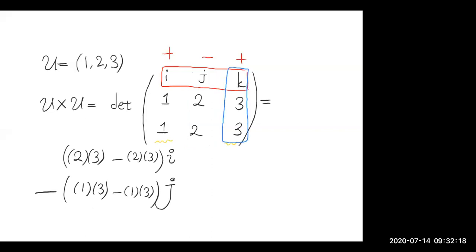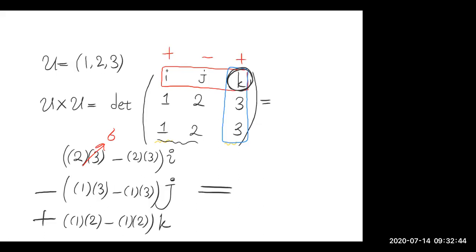And then I should choose the last column and compute the determinant of this remaining part, which would be 1 times 2 minus 1 times 2. And then I should multiply it by this element in this intersection, which is k. There's a positive sign there, with plus. But this thing, as you can see, 2 times 3 is 6, minus 2 times 3, 6, 6 minus 6 is 0.